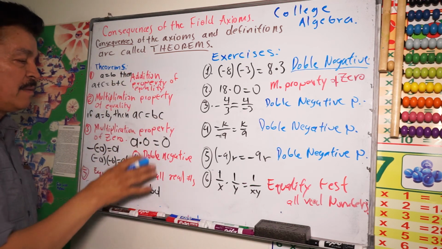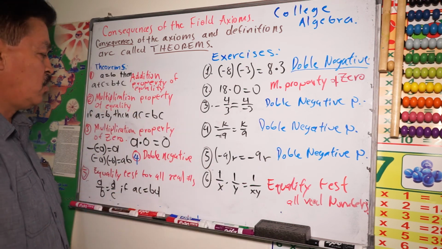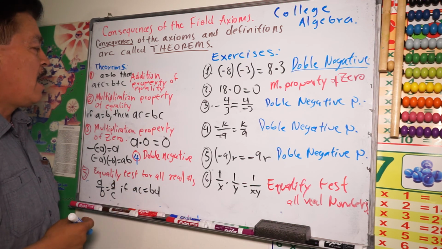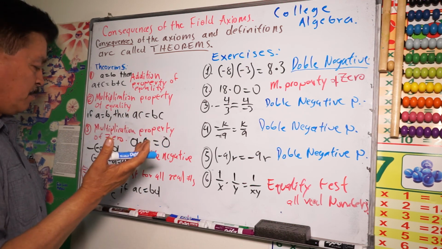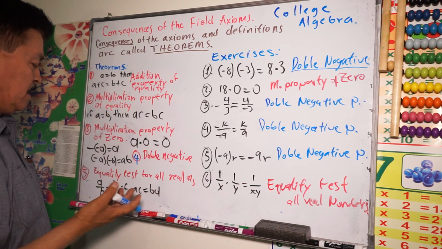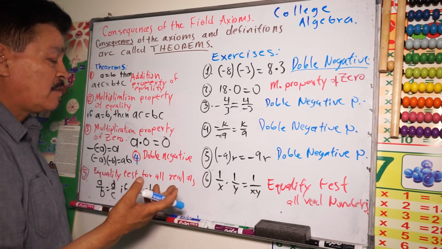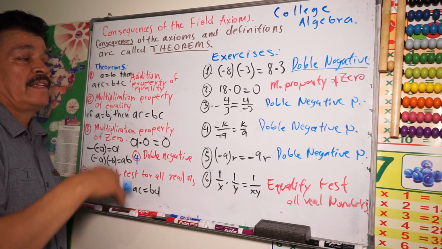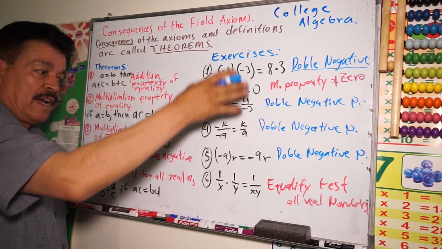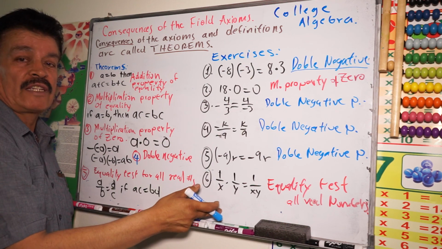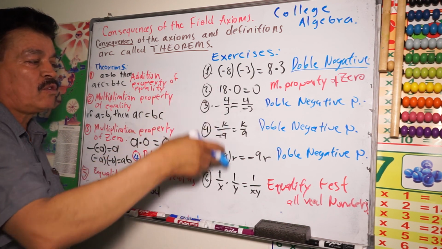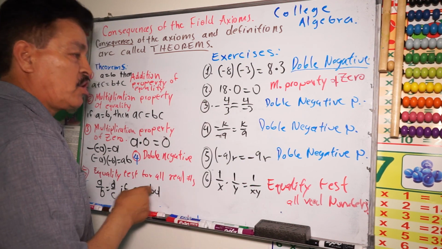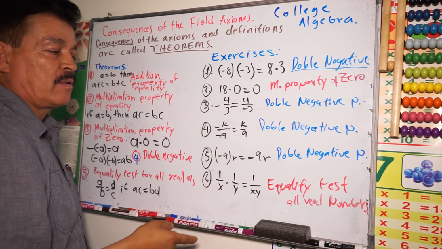We apply these properties for addition and multiplication, for example the multiplication property of 0, the property of equality, and the equality test for all real numbers. Those theorems apply in different kinds of problems, like this exercise. When you solve those problems, you need to understand which property, which theorem, you are applying in each one.